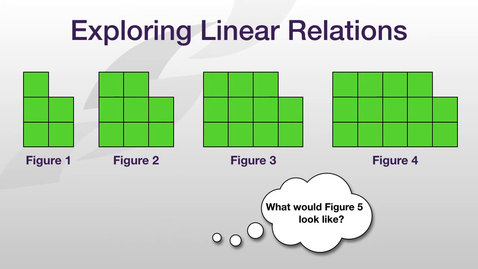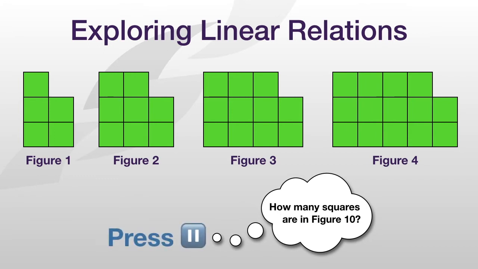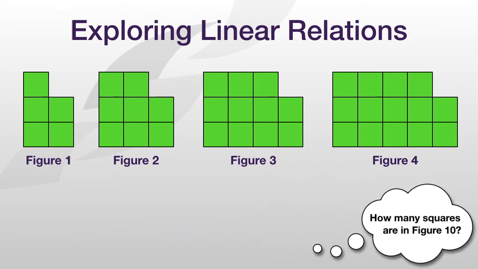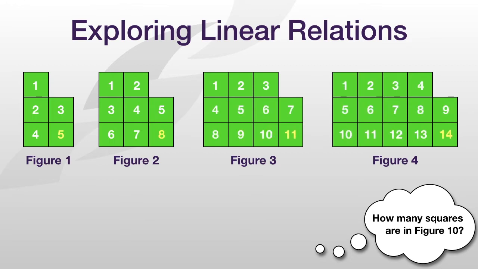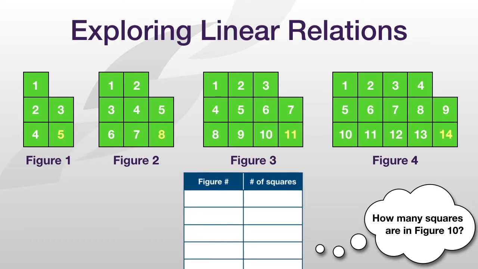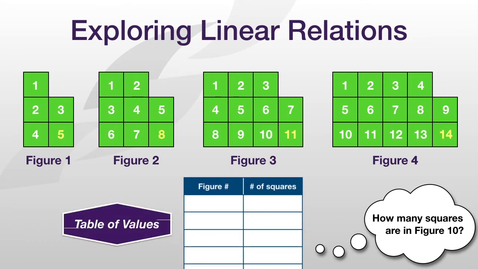Next, thinking about how this pattern grows, how could you figure out how many squares are in figure 10? One way we can figure out how many squares are in later figures, like figure 10, is to look at the pattern of numbers in each figure. A table of values can be a helpful way to organize this information.